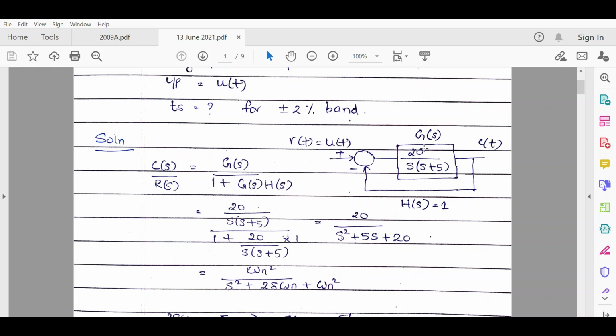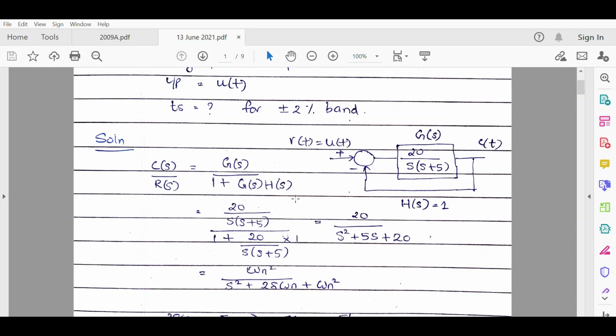The transfer function between the output and the input is G(s) divided by 1 plus G(s) into H(s). That is the standard formula for the transfer function between output and input in a system having a single feedback.